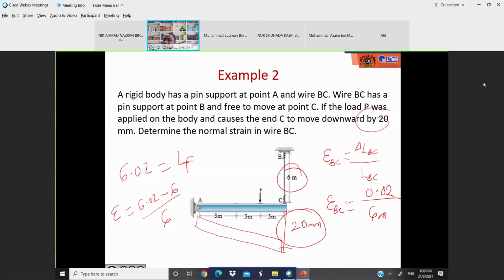Do you understand? So what is your epsilon? What is your normal strain? 3.3 power of -3. Okay, I believe you. I don't know your answer, but I just believe you because I know you're a good student.